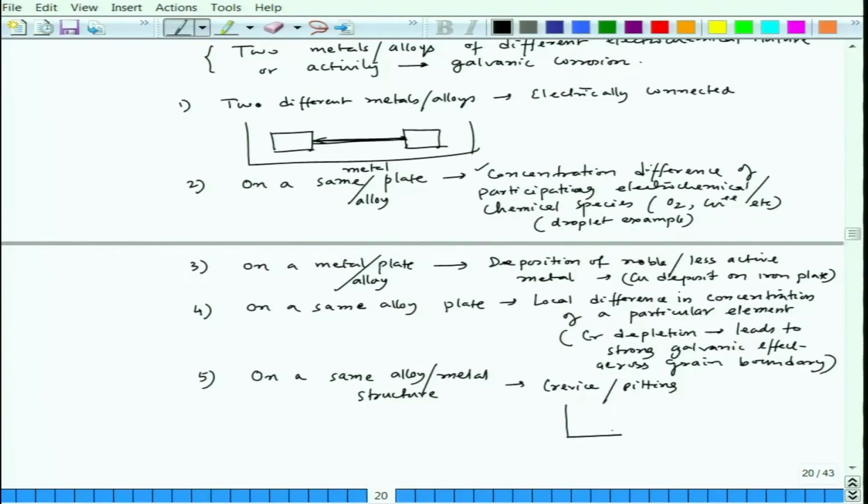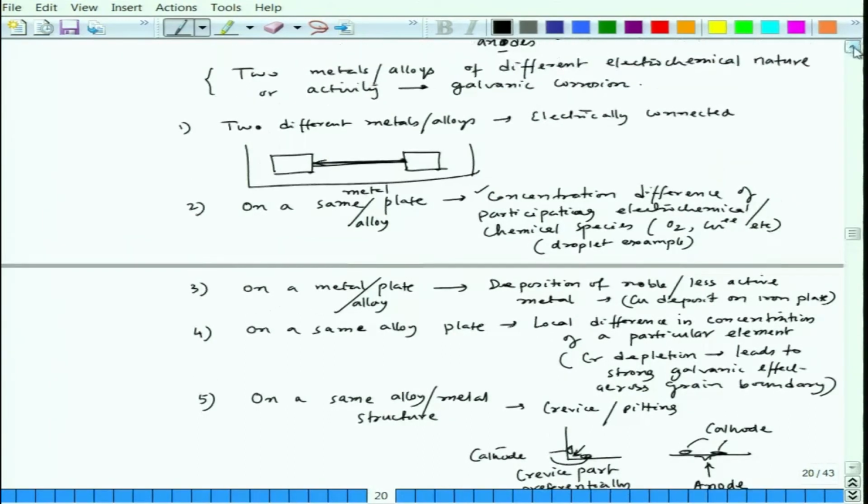For example, if this is the crevice, or if it is a pitting, let us say this small pit has formed, the pit part will be preferentially anode, and here also this crevice part would be preferentially anode, and the section around that will be preferentially cathode. So, again there is a situation of preferential anodes and cathodes.